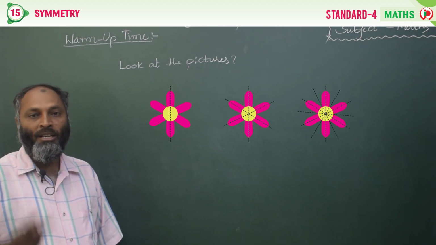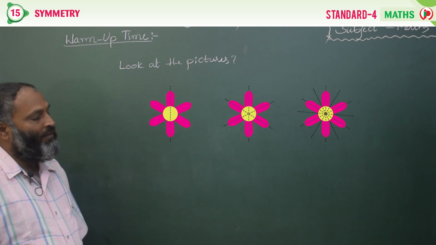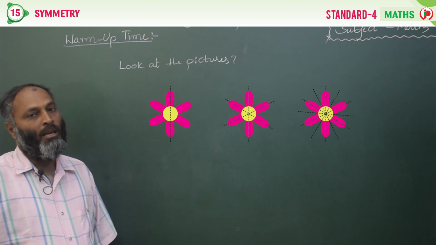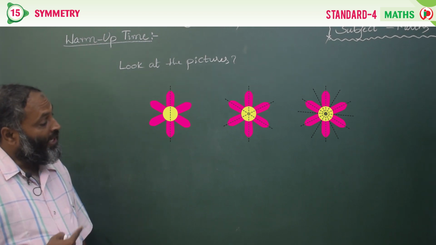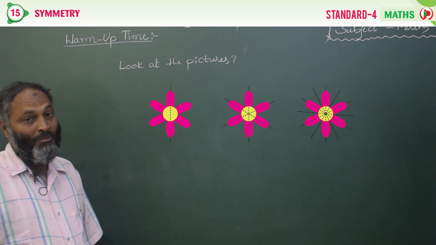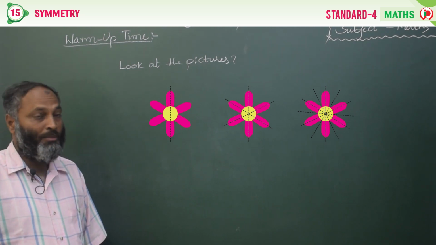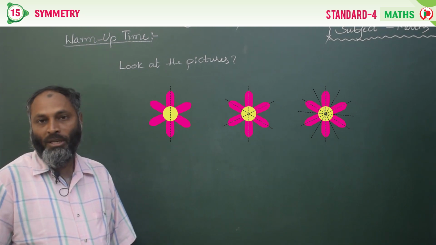How many identical shapes? Two identical shapes, one right and one left. Two identical shapes means two same shapes. That means the line which cuts the shape and divides it into two identical shapes is called the line of symmetry.